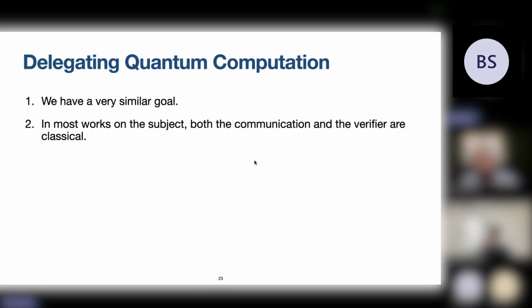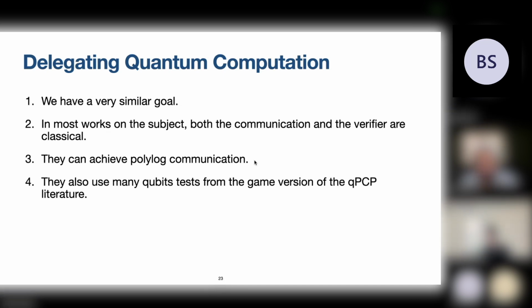And actually, even if we compare our protocol to a succinct argument, it's still going to be quantum communication and a quantum verifier. And they achieve polylog communication. For us, it's exponential. They also use many qubits test from the game version of quantum PCP Conjecture, but they use crypto assumptions.